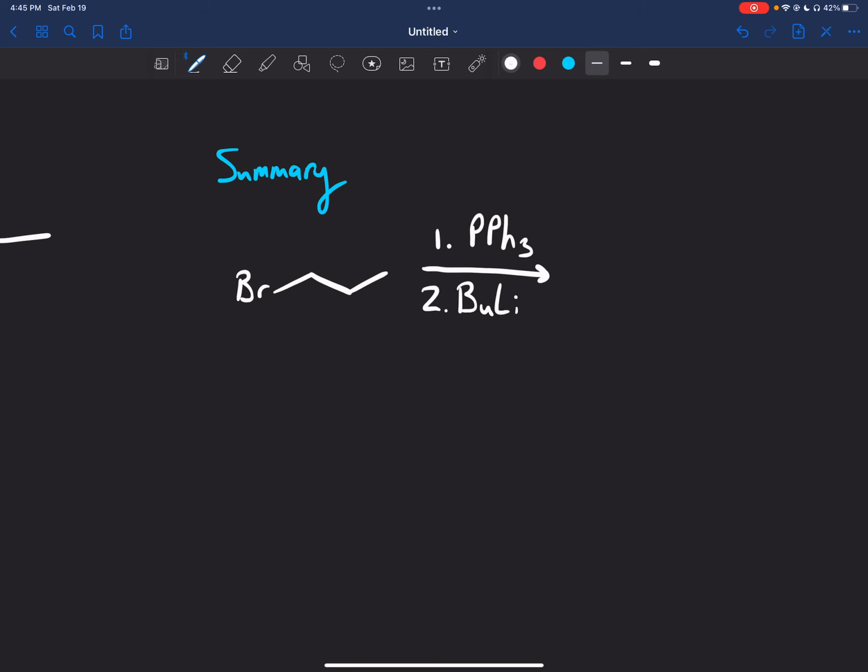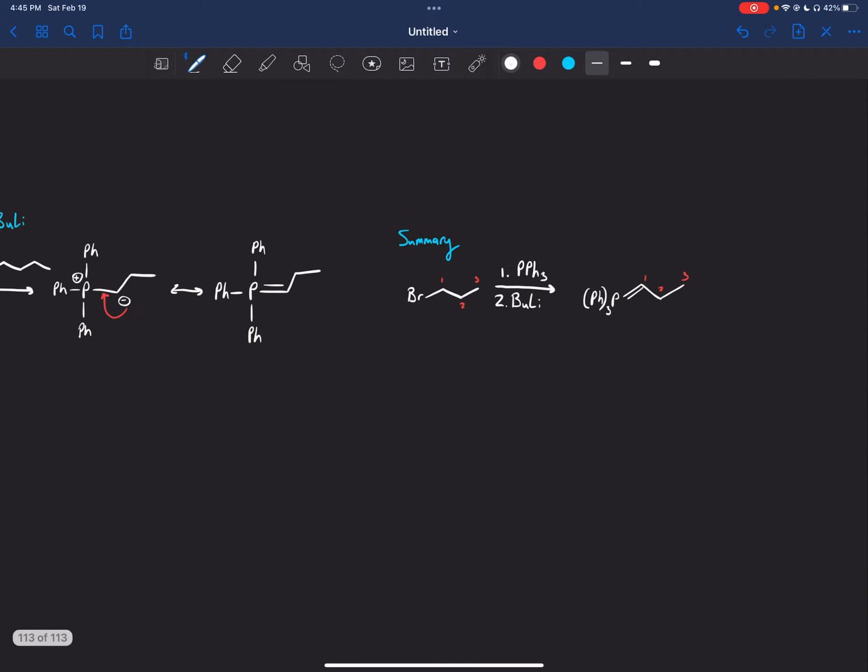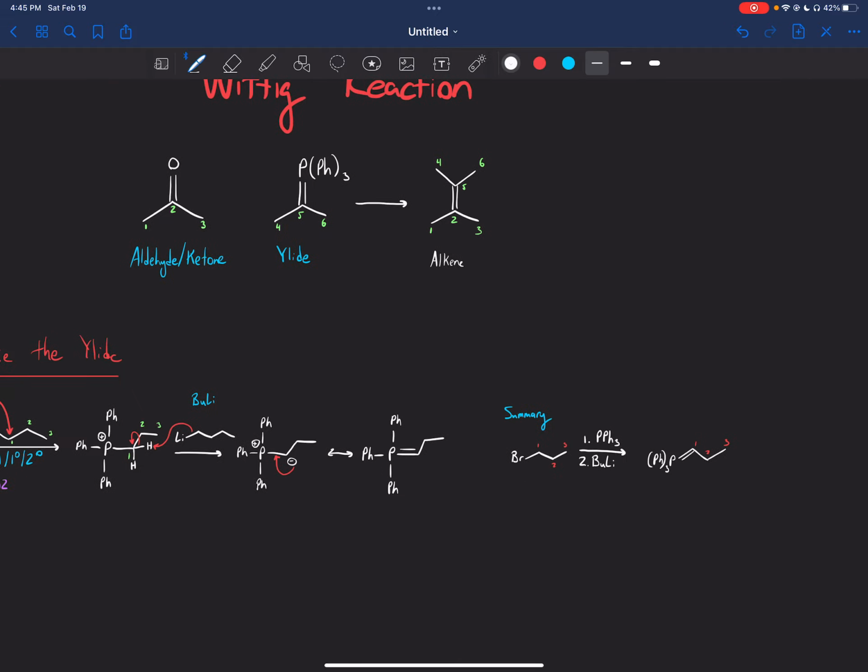Make sure to number them. And all that's going to happen is redraw that carbon chain without the Br and just have that carbon with the Br, so number 1 in our case, be double bonded to a phosphorus, and that phosphorus has 3 of these phenyl groups, like this. And that's how we make our ylide.